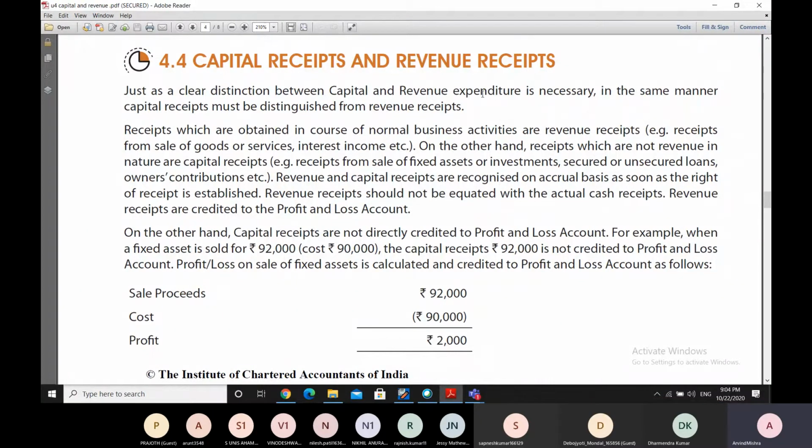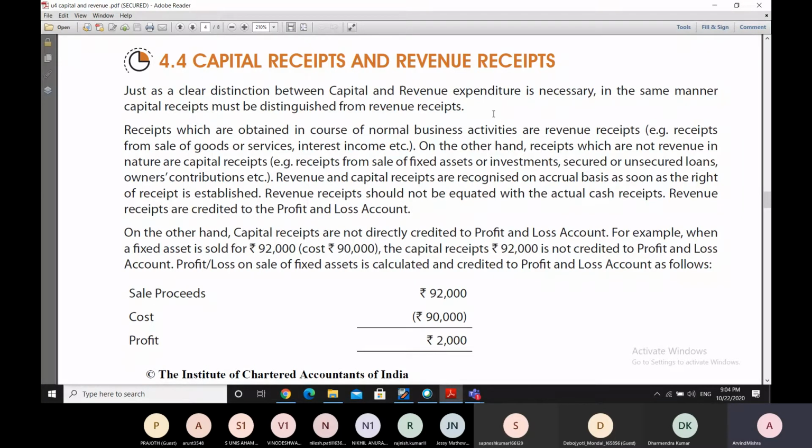Because unless we take that decision, we will not be able to make an appropriate entry in the books of accounts. So therefore, we need to distinguish capital receipts and revenue receipts very, very clearly. But as we have said, the dividing line is thin and the work is not easy to do.